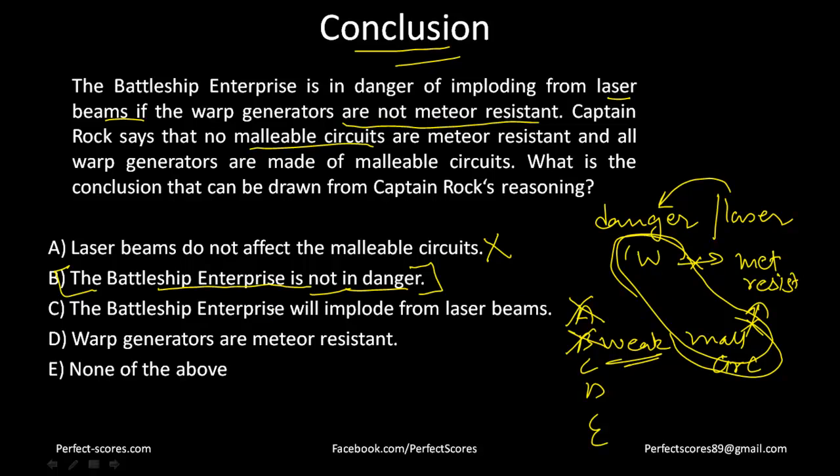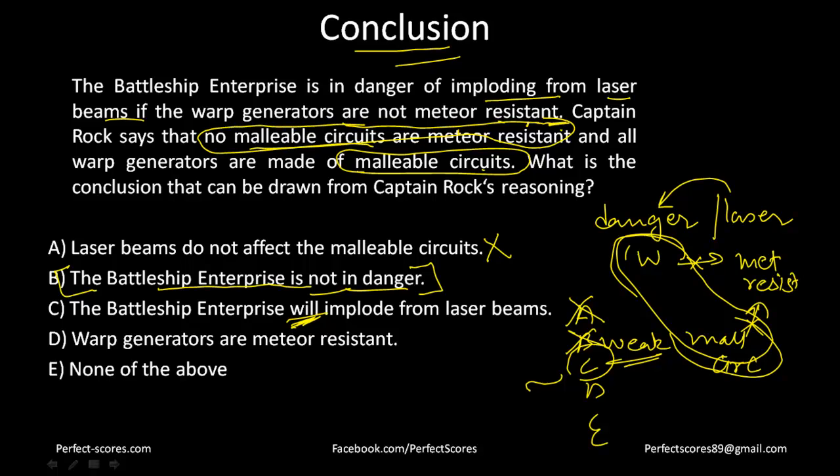C says the Enterprise will implode. Now although this is an extreme answer, this is actually correct, because this is what is happening. It says there is a danger if they are not meteor resistant, and we know they are not meteor resistant because they are made of malleable circuits, and whatever is made of malleable circuits is not at all meteor resistant.